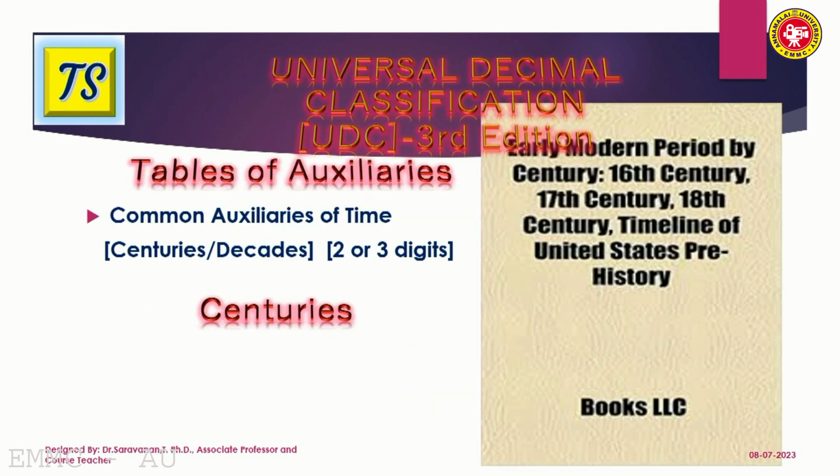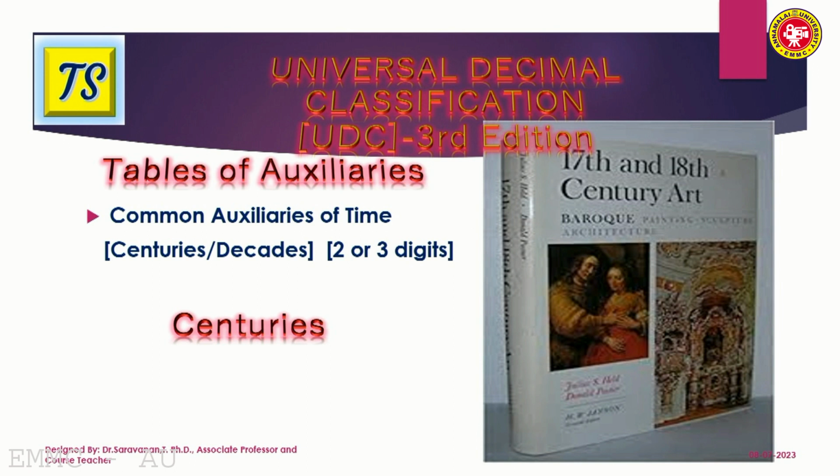Some real-time practice you can watch. Early modern period by century. 16th century, 17th century, 18th century. Timeline of United States prehistory. So try to transfer it into the standard century format. 17th and 18th century art.